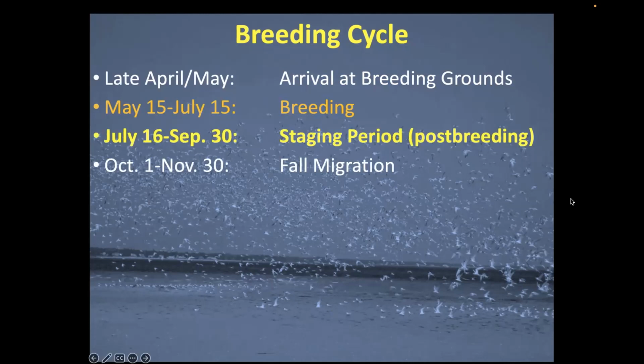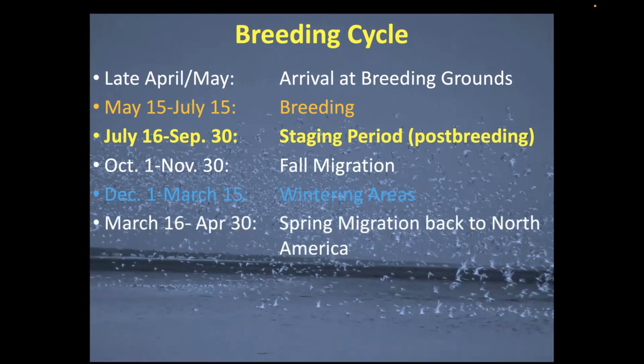They're moving down to South America, mostly off the coast of Brazil. And then they spend December through March in the winter areas. They may move around from place to place. They don't stay in the same wintering area the whole time they're down there. And then March to April is when they begin spring migration to come back to North America.